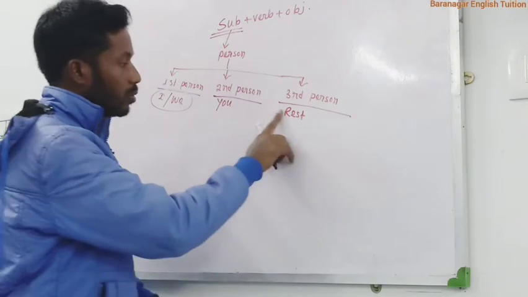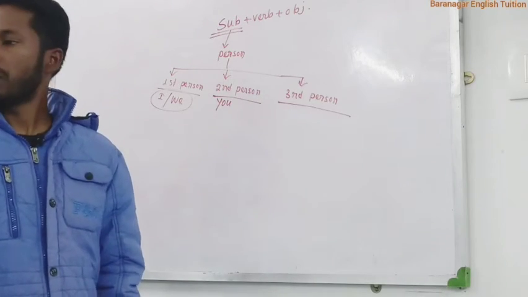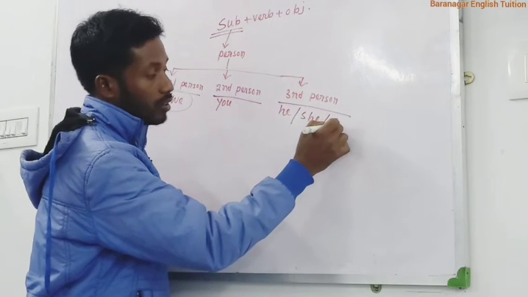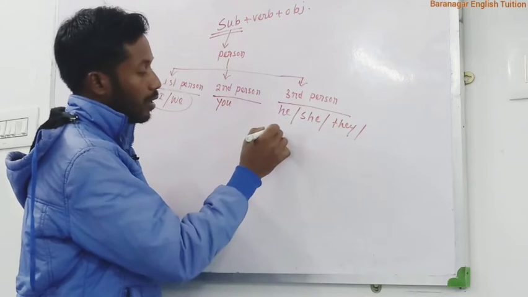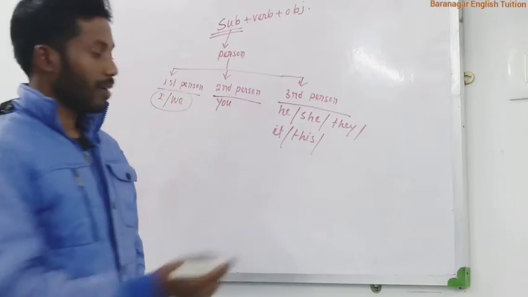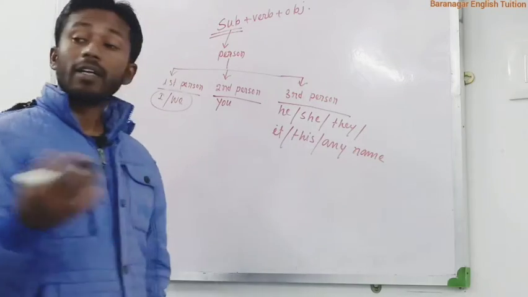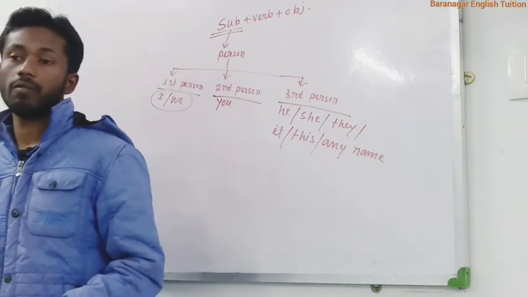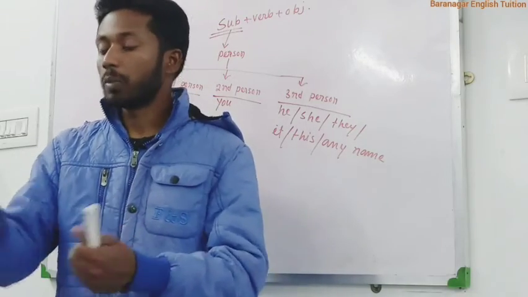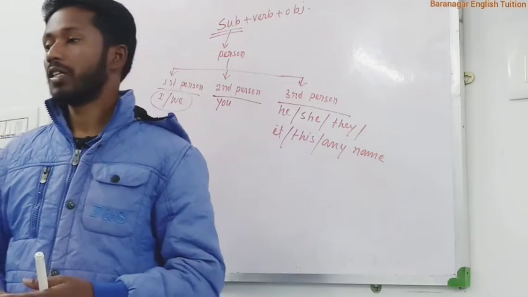What I'm showing you, such as examples, I'm giving you some examples like he or she or they or it or these, or it can be any name, means noun. It can be any village name, any town's name, any country's name, continents, or suppose your name is Ronajit, or her name is Moshumi.